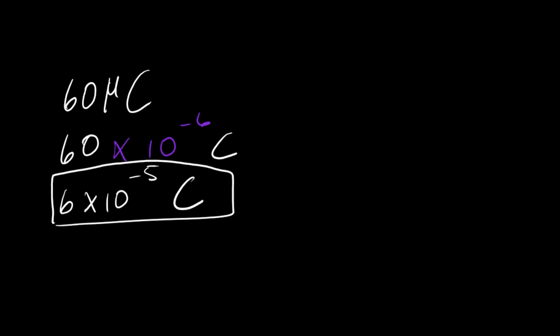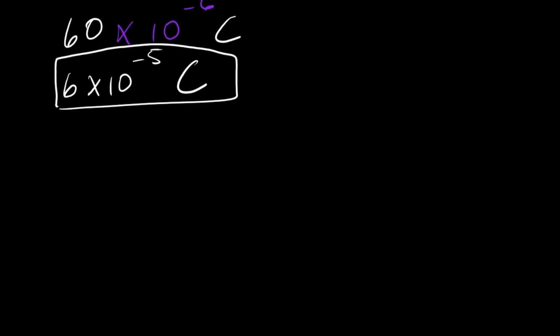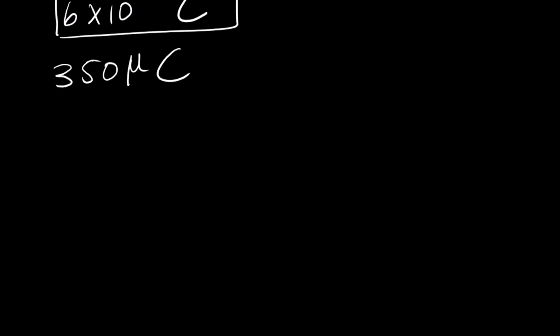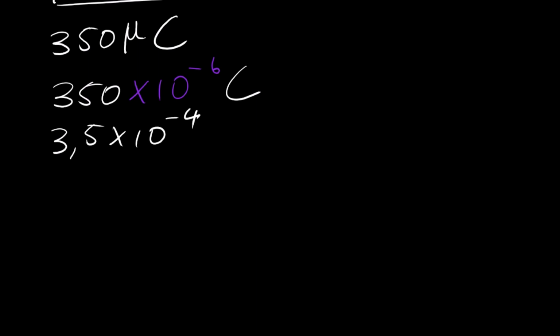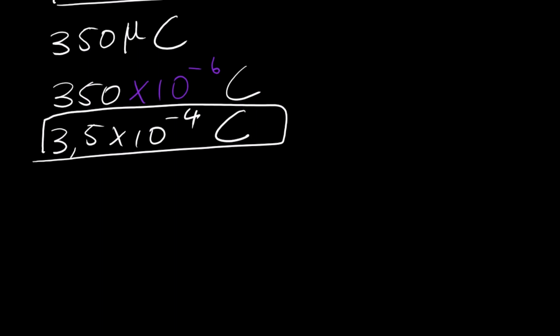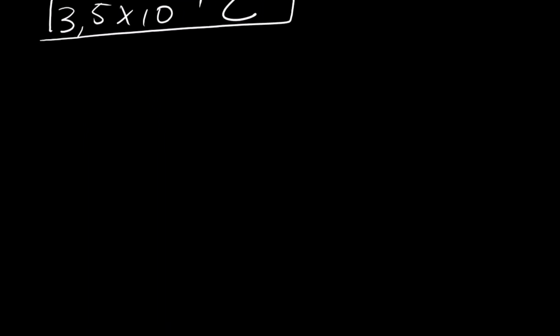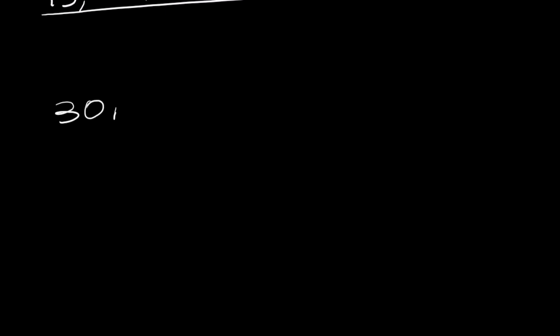Coulombs. Negative 6. Punch this on your calculator. 350 times 10 to the power negative 6 coulombs. Nanocoulombs. How do we convert this?